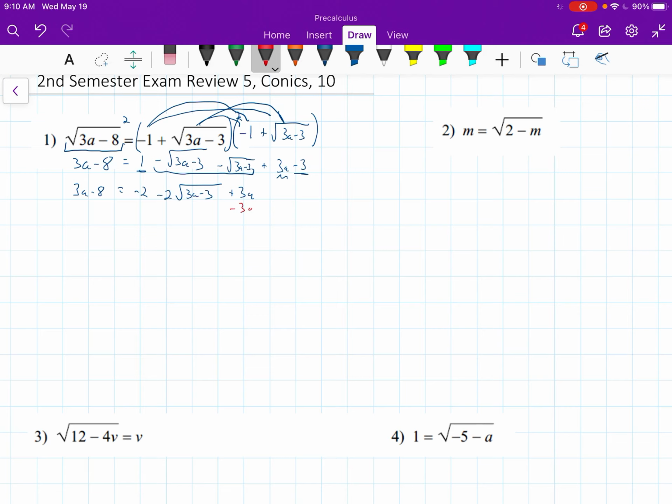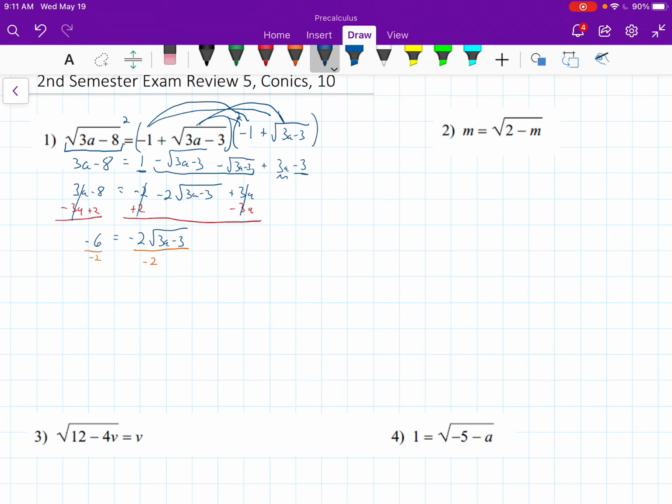So we'll subtract 3a from both sides, and we'll add 2 to both sides, which gives us 0. Then we have negative 6 equals, these two become 0, negative 2 root 3a minus 3. And we can divide both sides by negative 2 to isolate this radical.